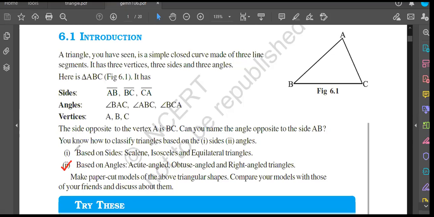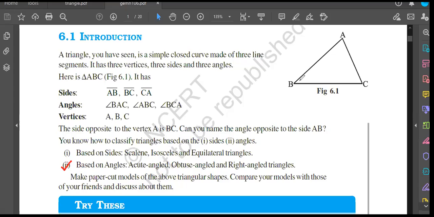Now the student should ask, what is the meaning of these? Because we have already studied acute angle. What is acute angle? Tell me. If all the angles of a triangle are less than 90 degrees, then it is an acute angle triangle.